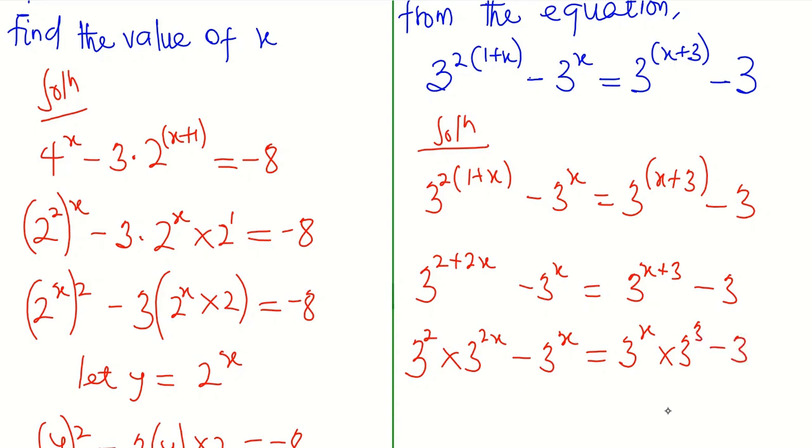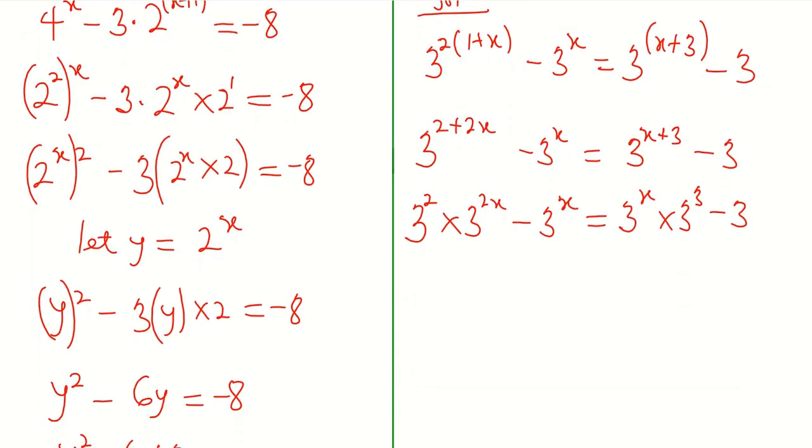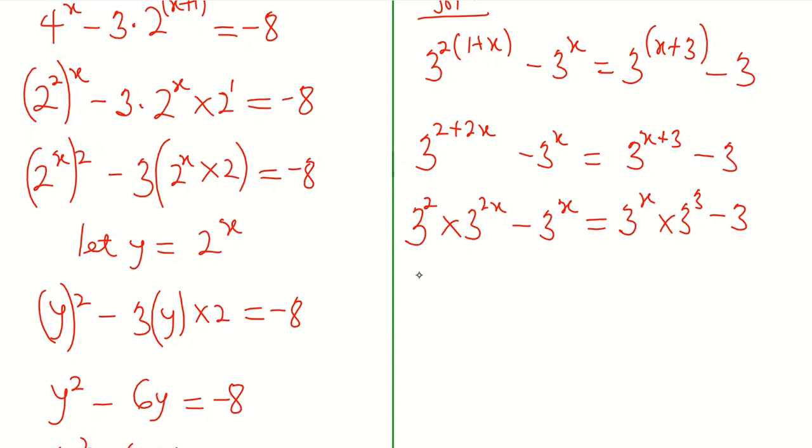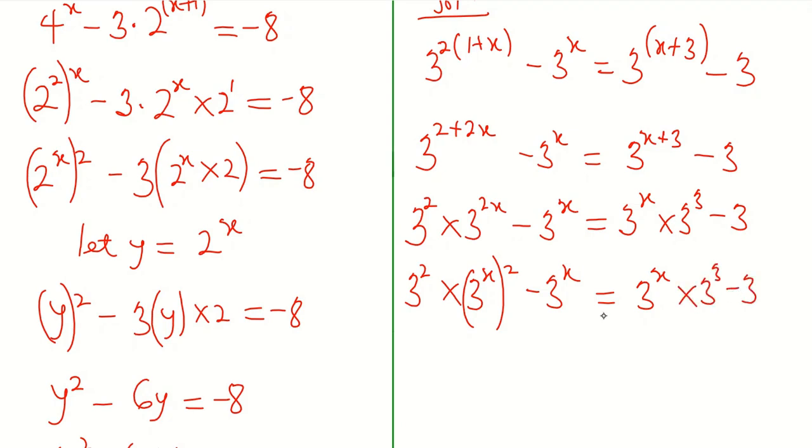And so having broken it down like this, we can further simplify our solution as 3 exponent 2 times, now 3 exponent 2x can be written as 3 exponent x, then we bring our exponent of 2, minus 3 exponent x, which is equal to 3 exponent x, and then we have here 3 exponent 3 minus 3.